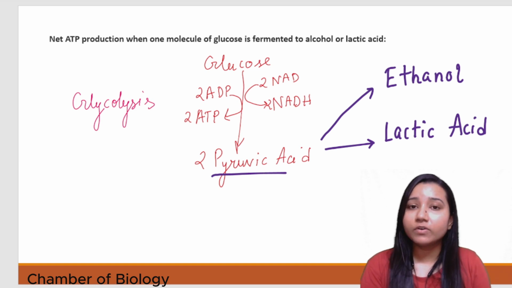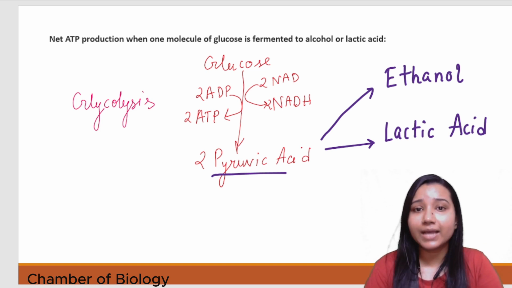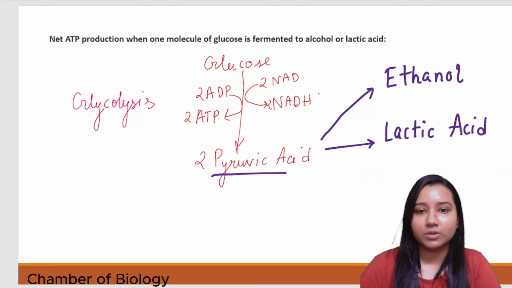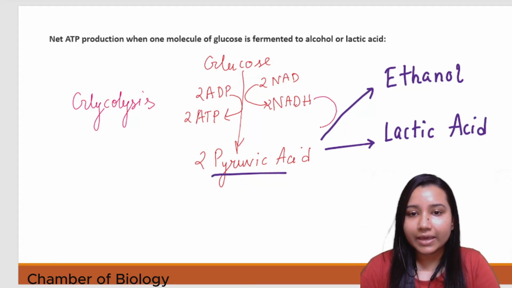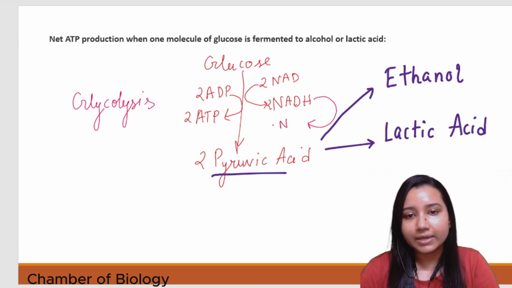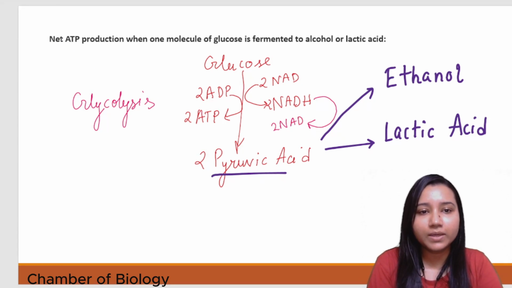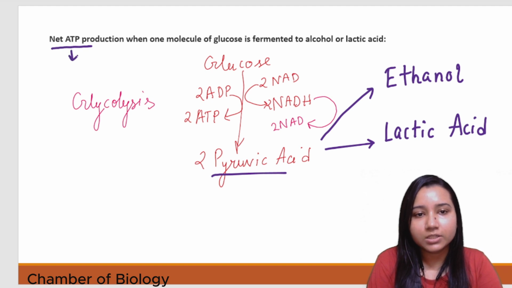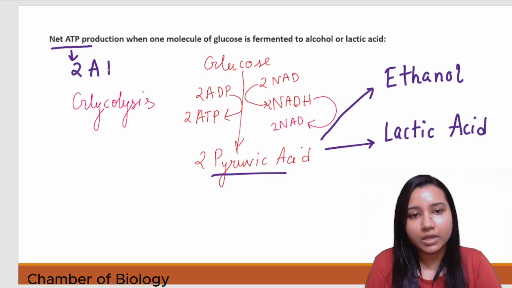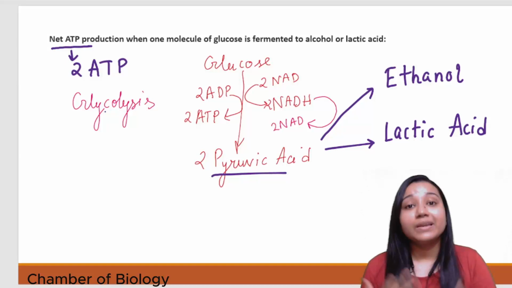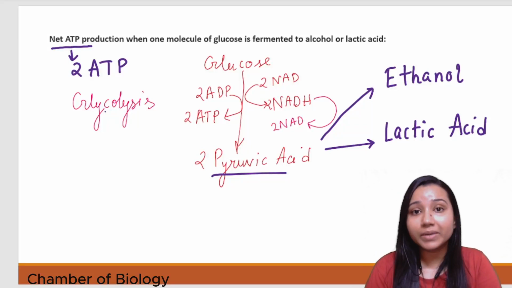When there is alcohol fermentation or lactic acid formation, there was reduction, and during this process the NADH was being utilized and 2 NAD were being released. So the net ATP production is going to be 2 ATP only, because there are no ATP releasing steps in this fermentation.